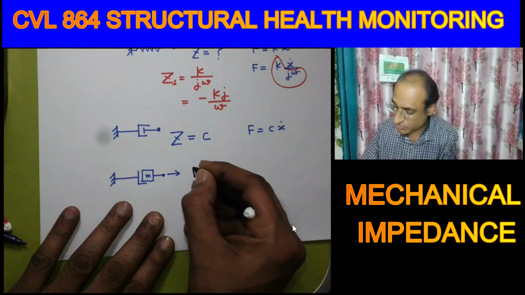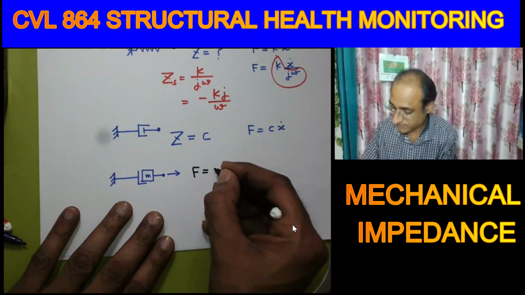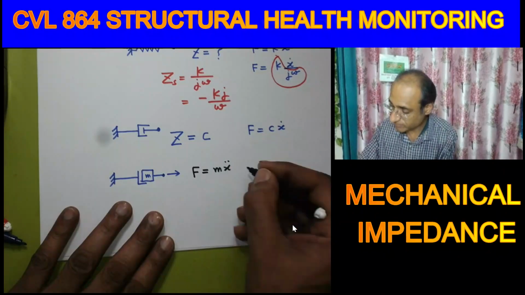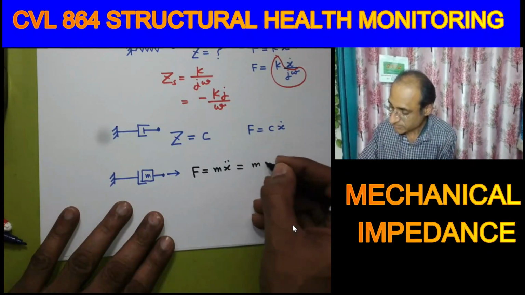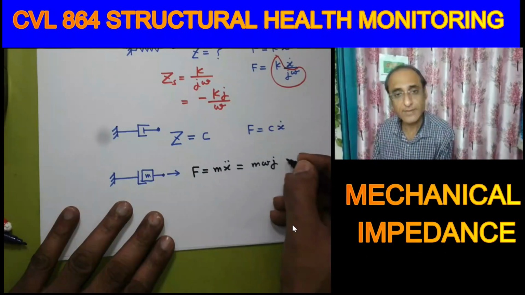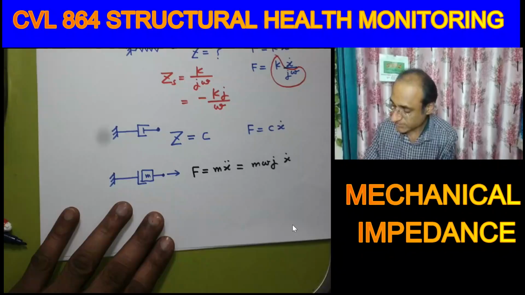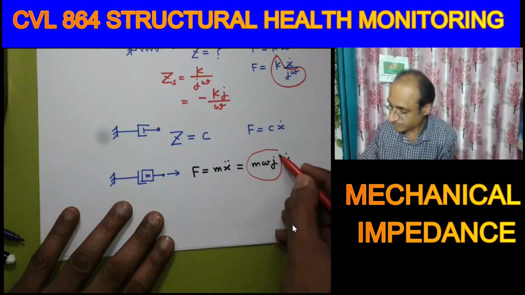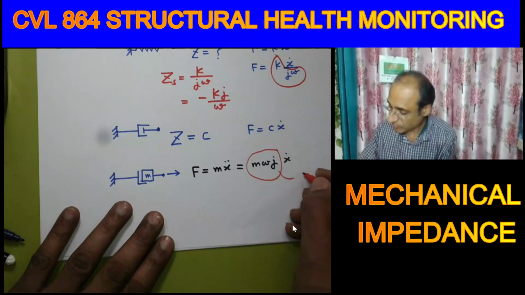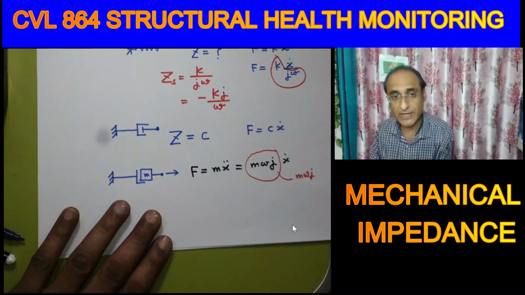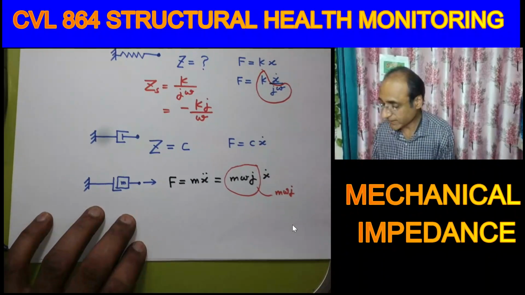Force is related to mass times acceleration, right? So that we can write as m omega with j and x dot, right? So by definition, this is the mechanical impedance of a mass, that is equal to m omega j. Okay, so that's how we can find.